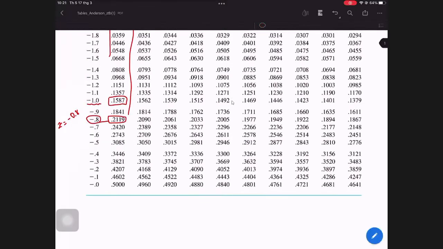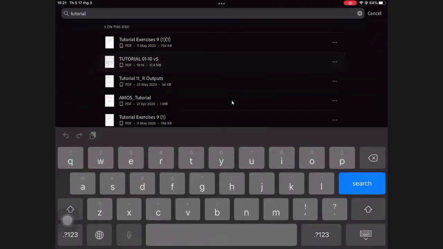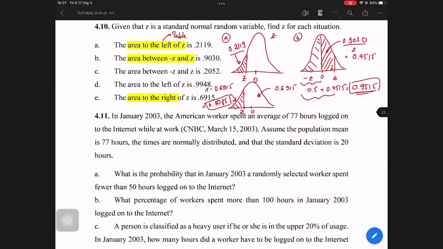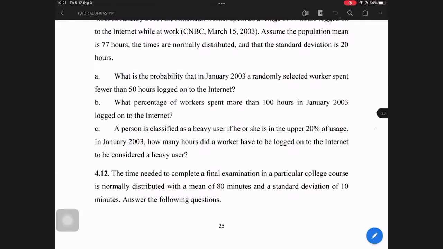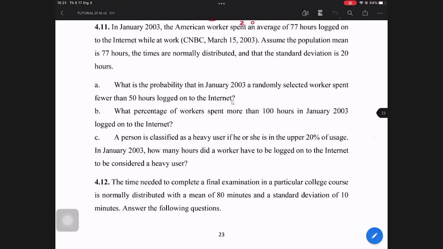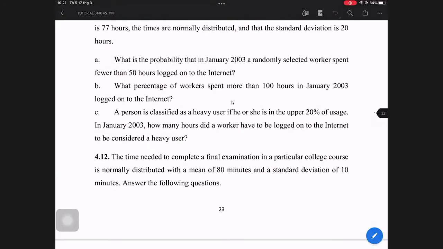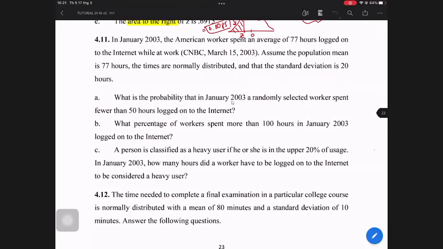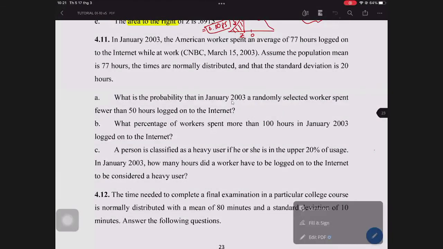All right, so let's move on to exercise number 11. For exercise number 11 here, we are given the information. The times are normally distributed.